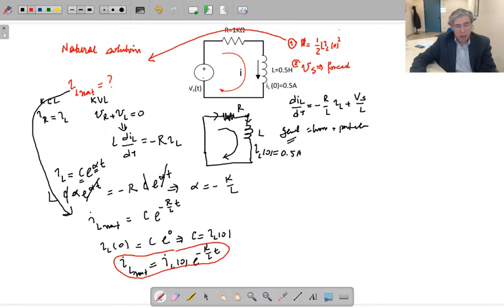Now I can explain to you, this one is not the natural solution. Why is that? In order to find the C value in the homogeneous solution, you need to calculate that C after you have found the general solution.